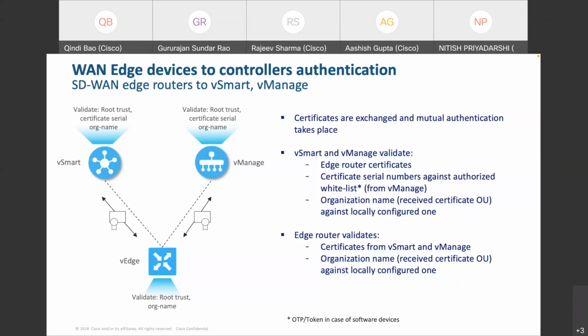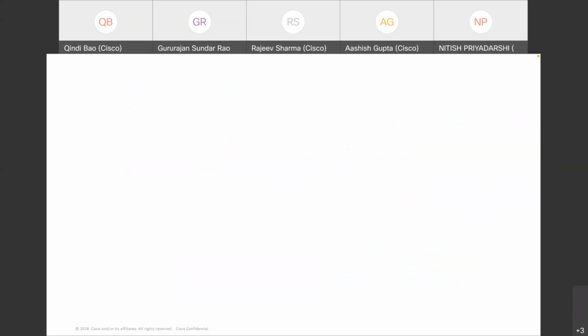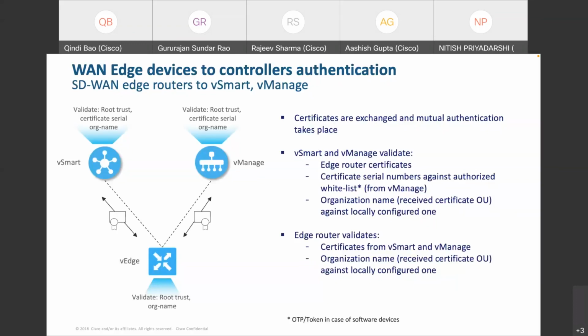And the router needs to validate the certificate of the controllers like vSmart and vManage, and the organization name. We use the OTP or token in case it's a software device like vEdge Cloud or CSR 1000V or C8000V. They don't have a certificate serial number, so instead we use a token here. Okay, let's move to the next one.